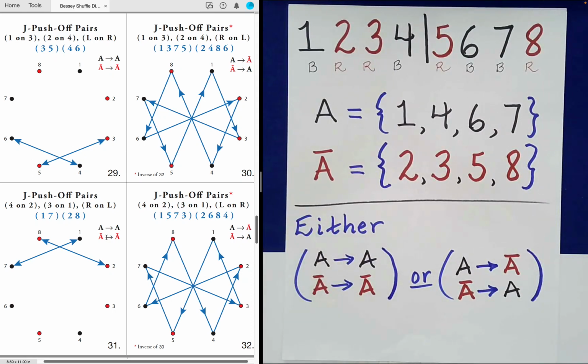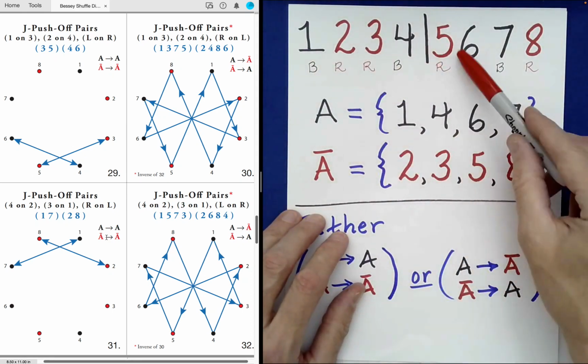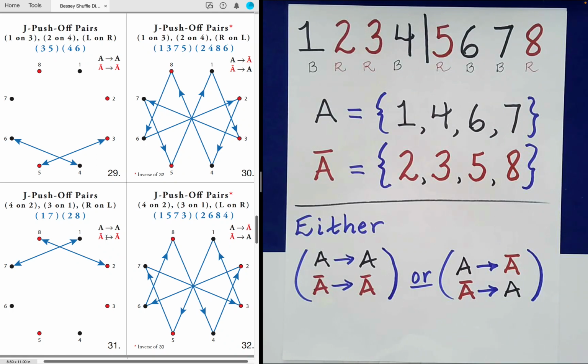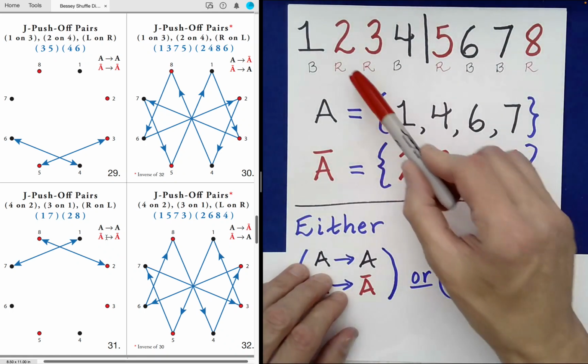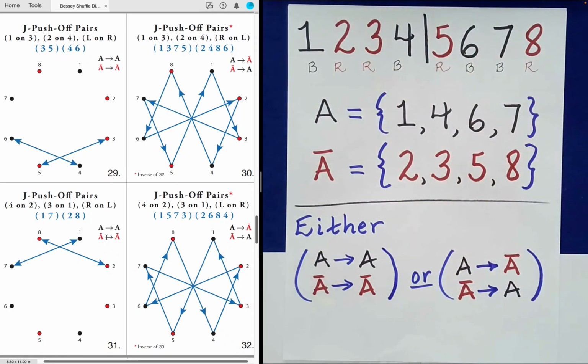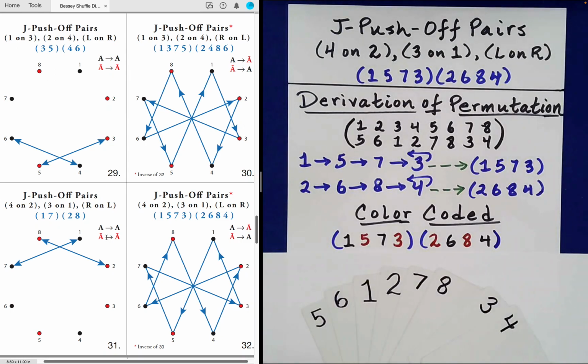Recall that positions 1, 4, 6, 7 are color-coded black, and positions 2, 3, 5, 8 are color-coded red. And as we've talked about, this will aid us in perceiving the effect of shuffles on Bessey sequences of order 8.